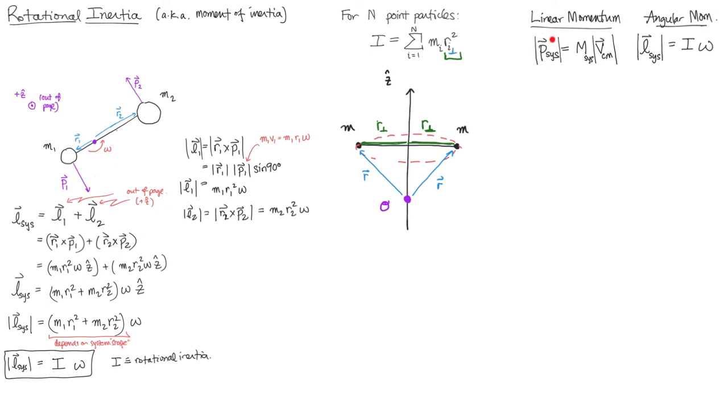Okay, so the magnitude of the momentum is mass times linear speed. The magnitude of the angular momentum is a quantity that's kind of like mass, a rotational inertia, times an angular speed. So there's this interplay or this similarity between v, a speed, and omega, an angular speed. And then there's a relationship or an analogy to be drawn between m and I. One way to think of m is as an inertia.